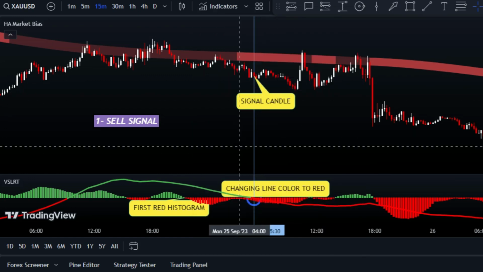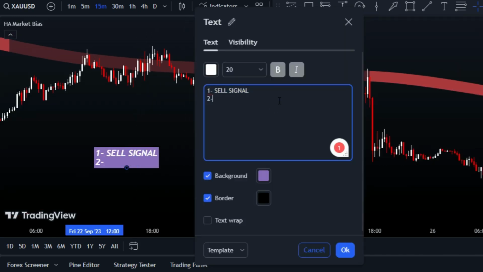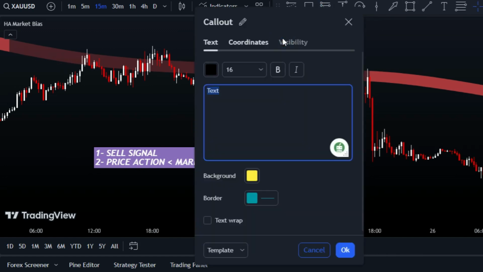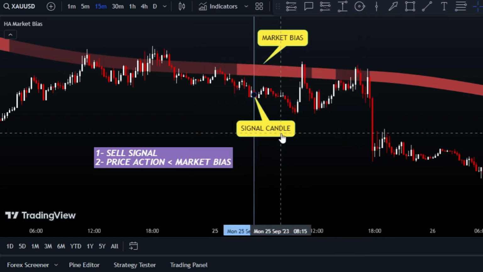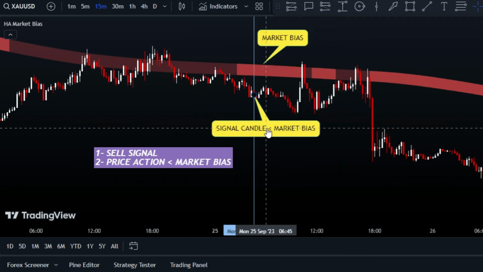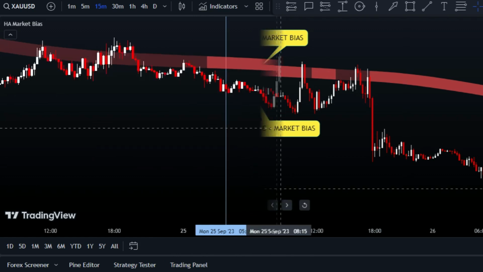To confirm the signal, make sure it matches with the market's downtrend, meaning the price is dropping and is below the red band of the market bias indicator. If both these conditions are true, it's a solid signal to sell.